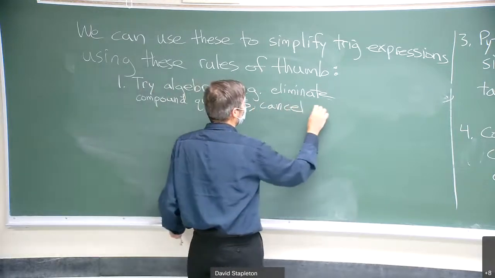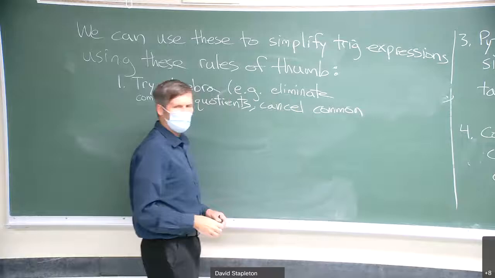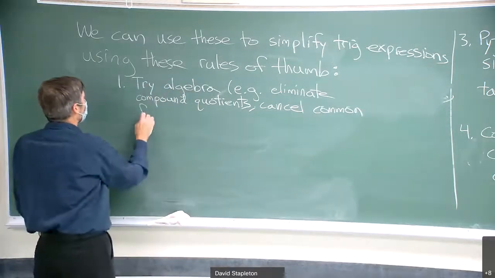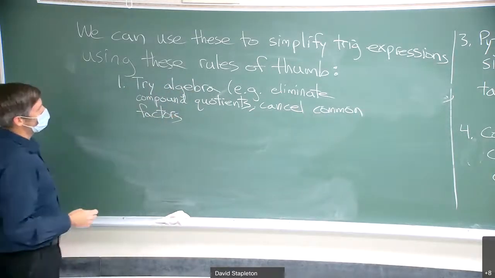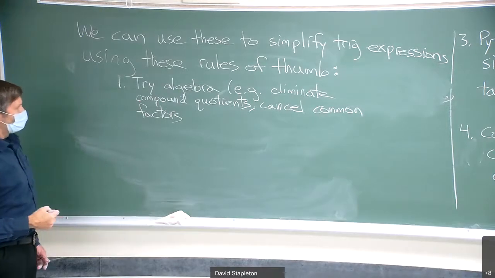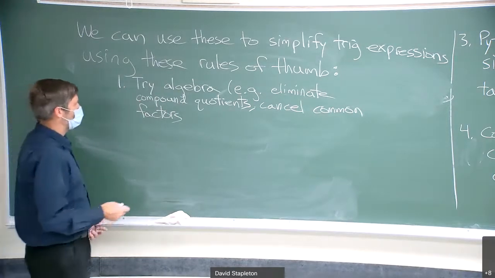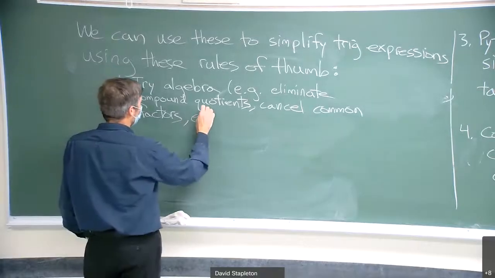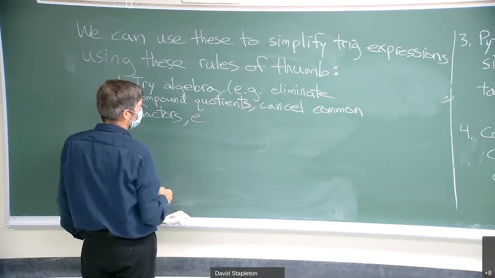There's a whole lot of algebra rules, but these trig expressions often come in quotients, so you want to remember these rules and apply them. I'll say etc., but those are the two used quite often. And cancel minus signs as part of canceling common factors, for instance.